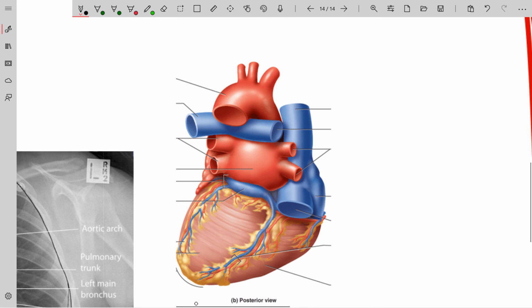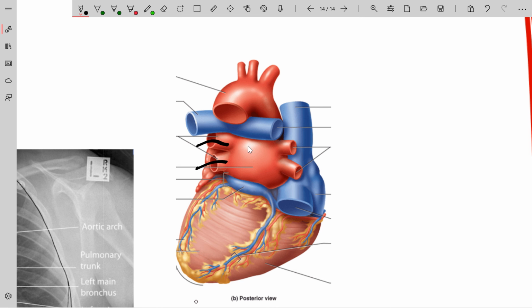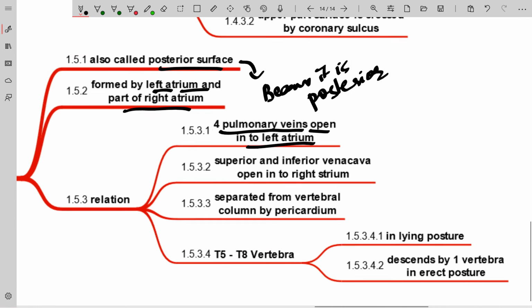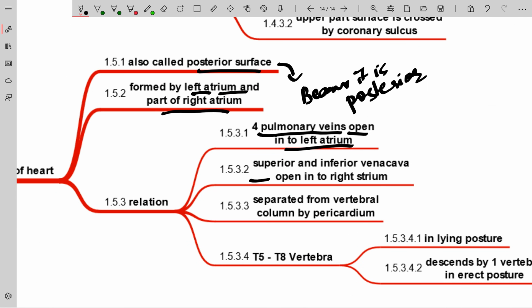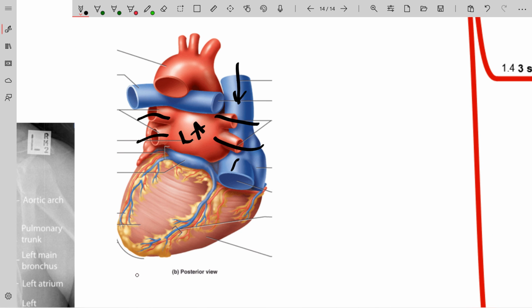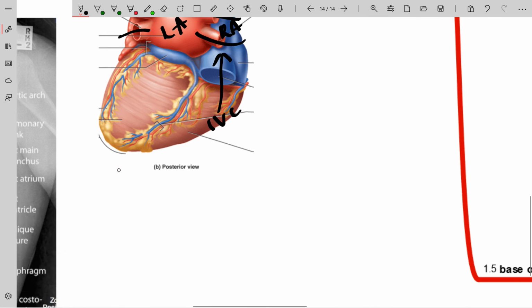Here you can see these 4 pulmonary veins which are opening into left atrium. Superior and inferior vena cava, SVC and IVC, open into right atrium.